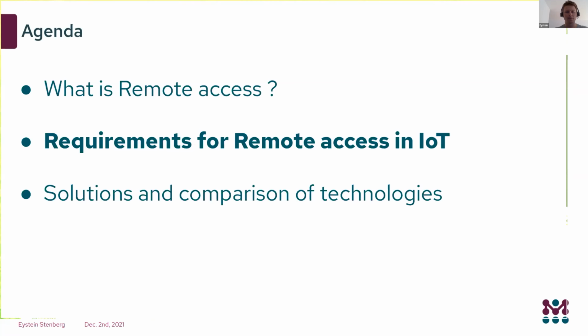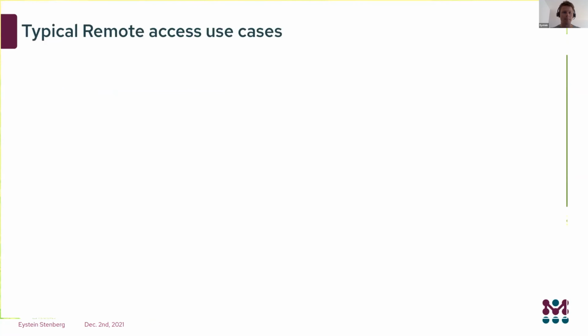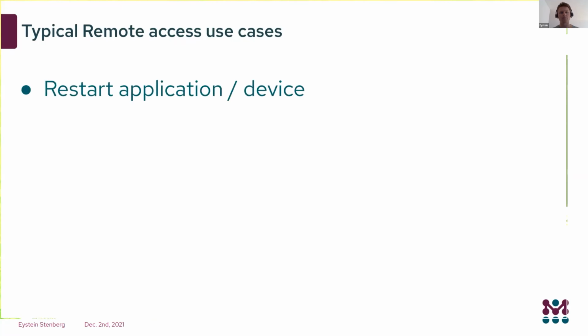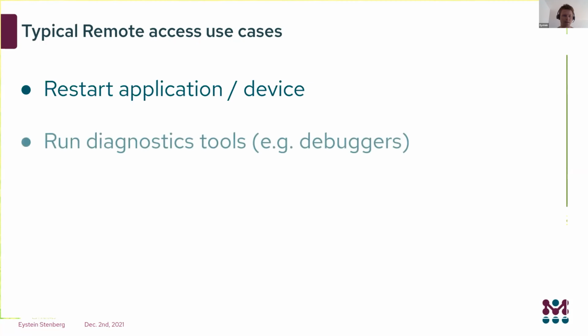Okay, so if we look at what's needed in IoT, what are the requirements for remote access? At least those that we found is typically you'll need the ability to restart an application when it doesn't perform or it hangs. Typically that's the first step, or maybe even restart the entire device.